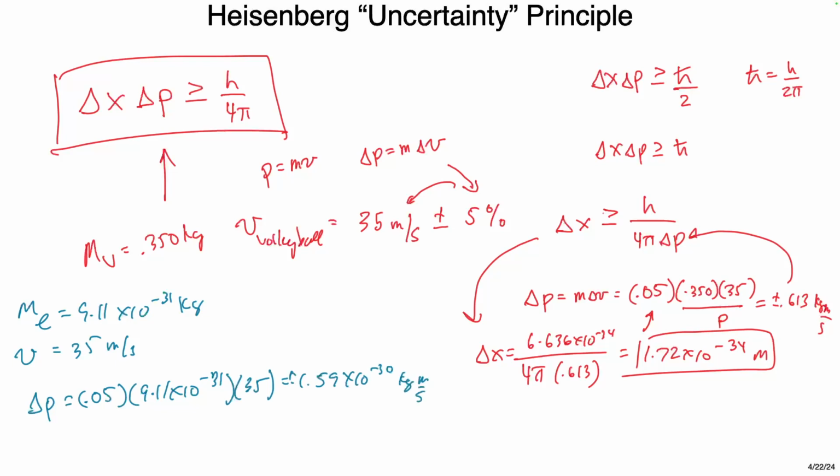And so now when I go to calculate the uncertainty, I'll take Planck's constant divided by all these numbers I've got. For the electron, this turns out to be 6.64 times 10 to the minus 5 meters.